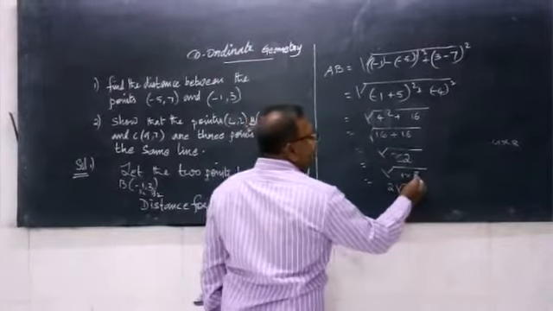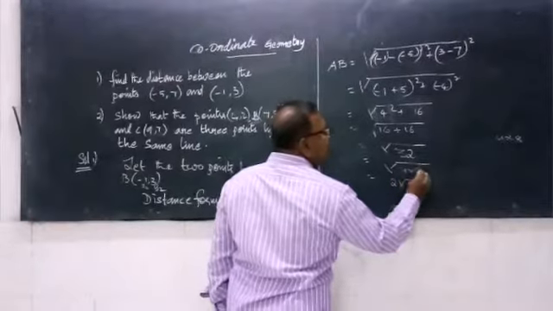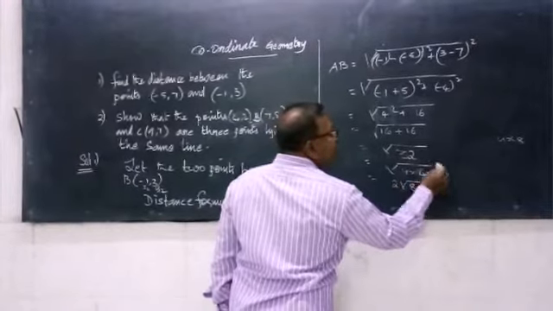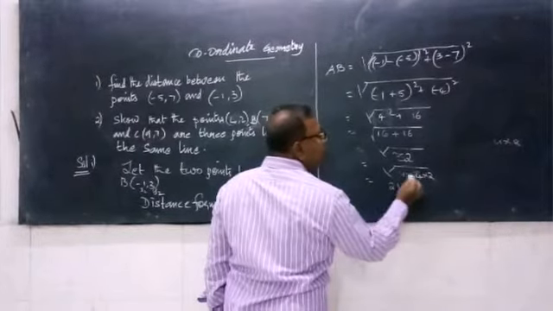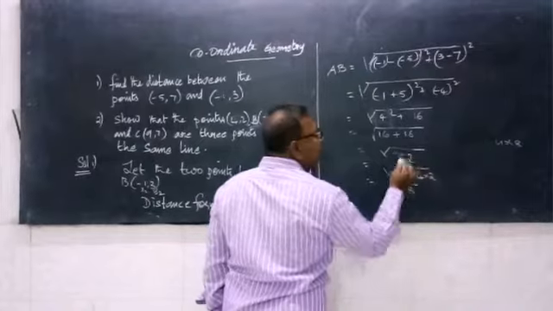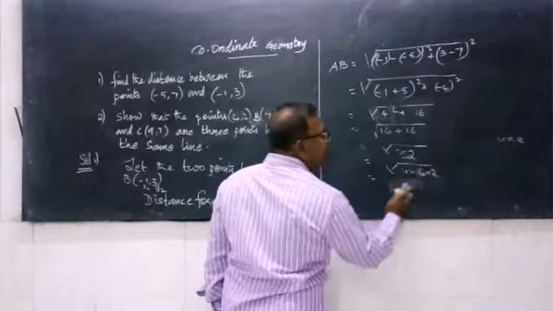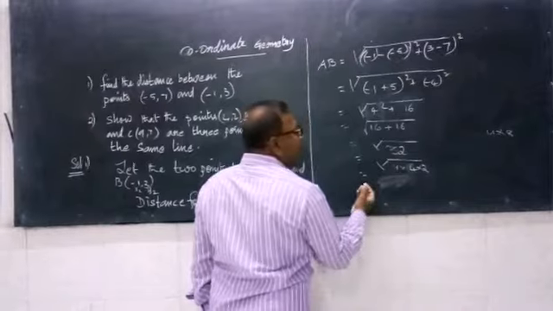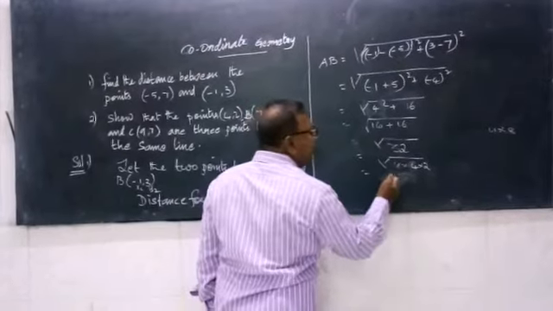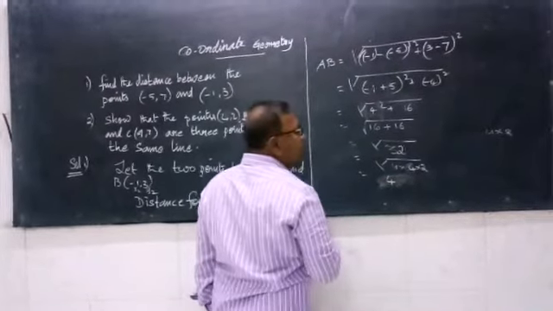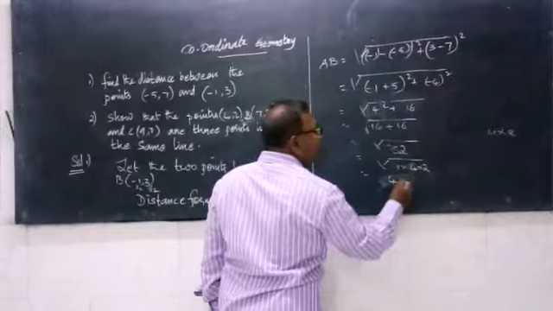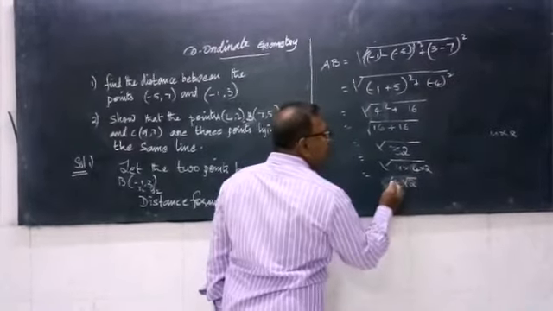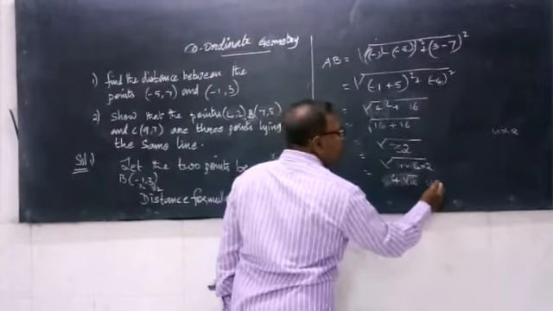Still this 8 can also be written as a factor of 4 into 2. 4 4s are 16, 16 2s are 32. So here I can write this as 4 into 4, 4 square. Root of 4 square is 4, and I am left with 2. So 4 root 2 units.